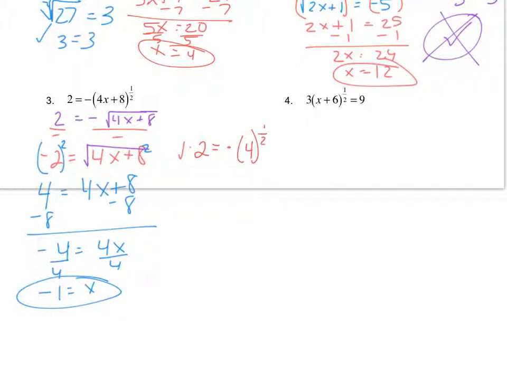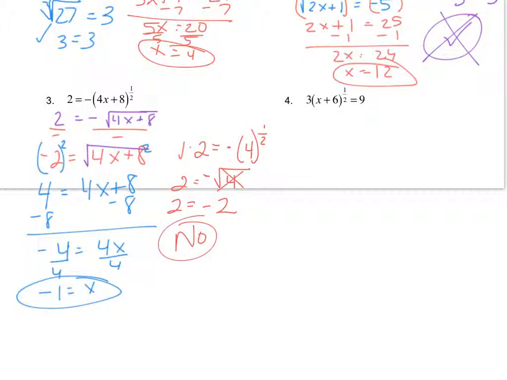Well, that's the same as 2 equals the negative square root of 4. So I have 2 equals, the square root of 4 is 2, but there's a negative out there yet, so 2 equals negative 2, which is no, it doesn't work.